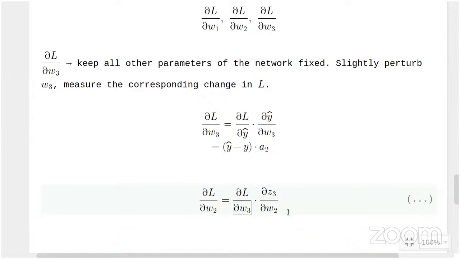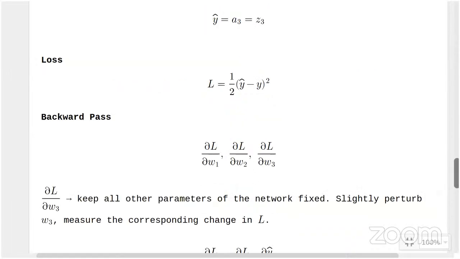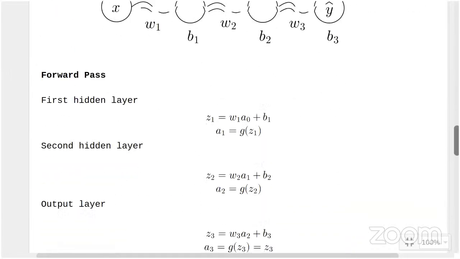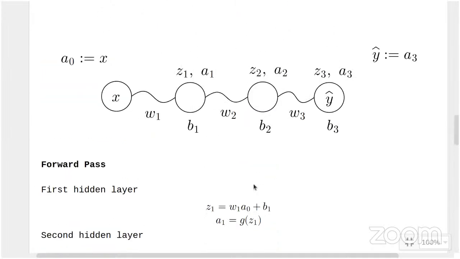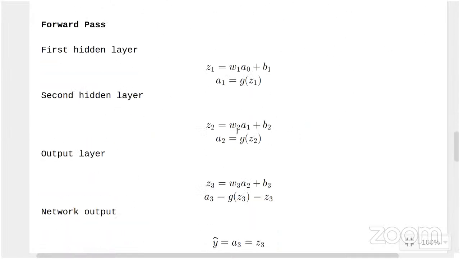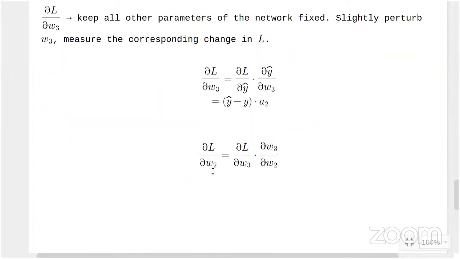Because there is an A that comes. Is it Z2 or Z3? I'm confused, because there is a G of Z2, right? So we'll come to that. But this part, do you agree? I want to find the gradient of loss with respect to W2, to Z2, to A2, to Z3, right? Now, sorry, what I wrote earlier was correct.